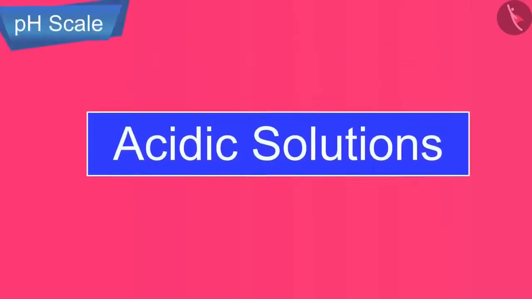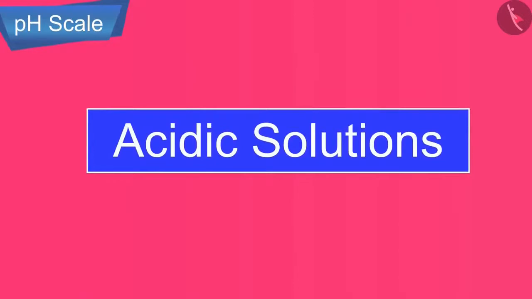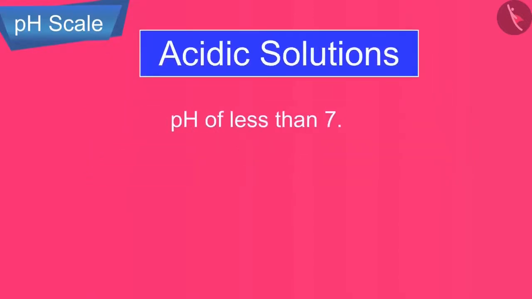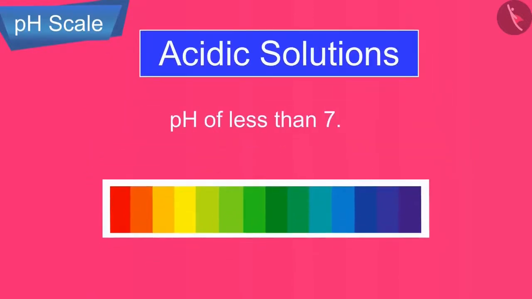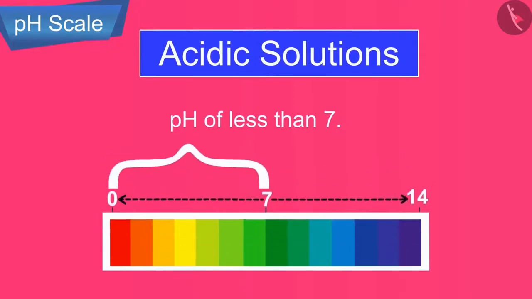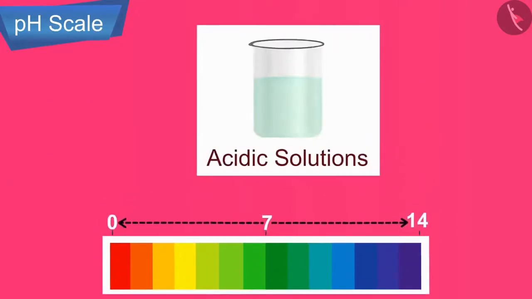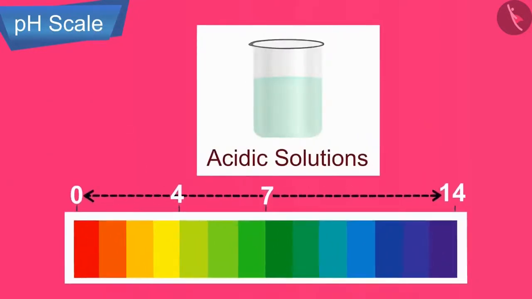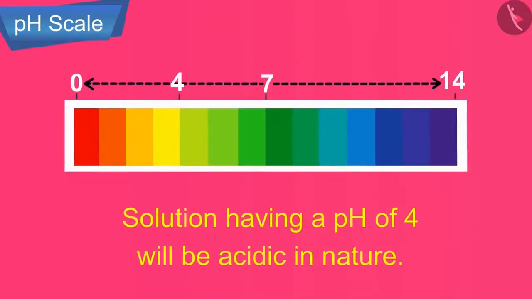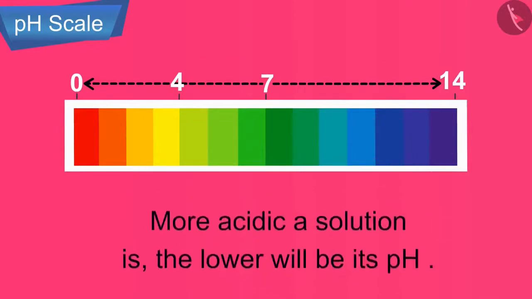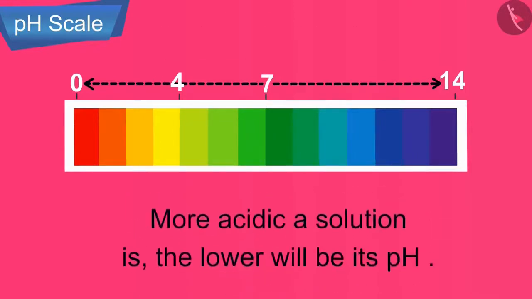Now, let's talk about the pH of acidic solutions. Acidic solutions have a pH of less than 7. For example, a solution having a pH of 4 will be acidic in nature. It is also important to note that the more acidic a solution is, the lower will be its pH.